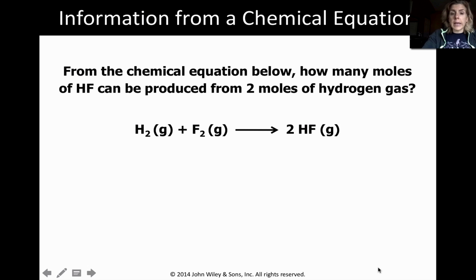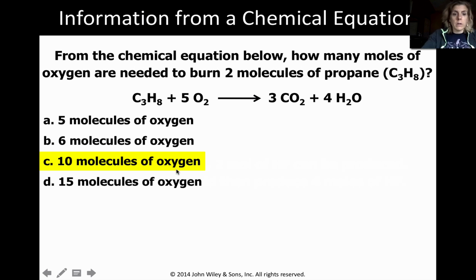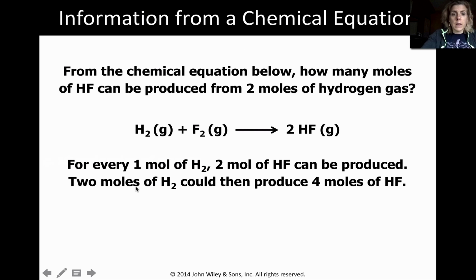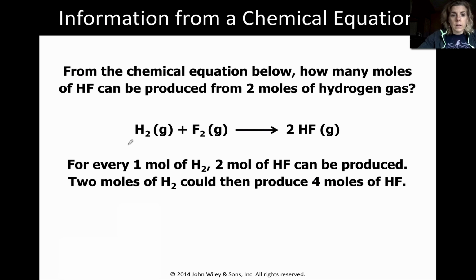If we look at the chemical equation here, we have hydrogen, and it's being combined with fluorine. Notice that they're both gases, by the way.